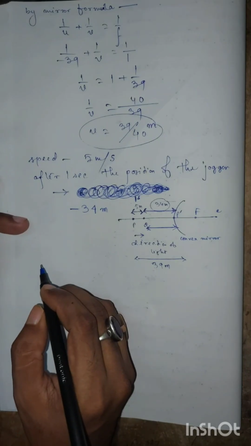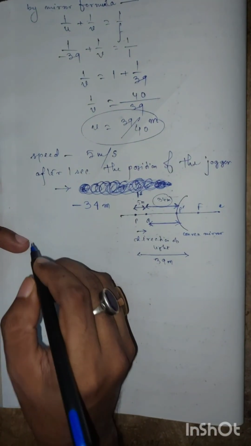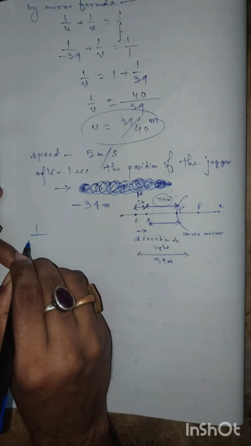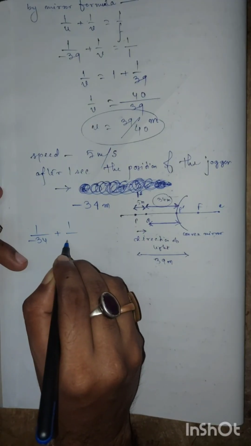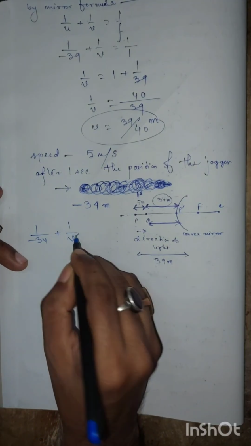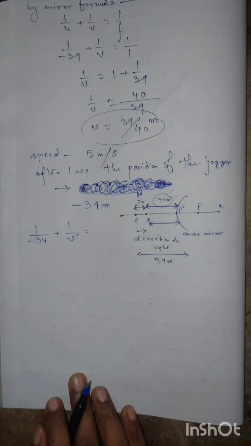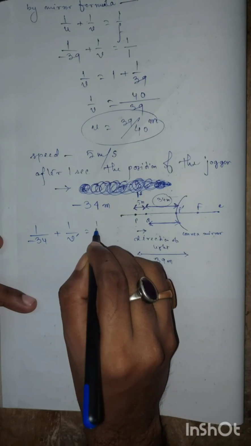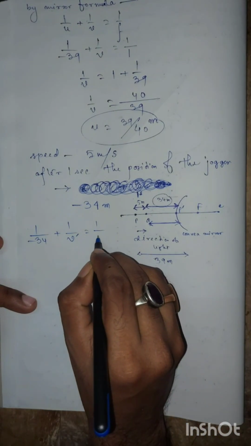Now let us find out the position of the image. By mirror formula we can say 1 by minus 34 plus 1 by V dashed is equal to 1 by focal length, which remains the same, which is equal to 1.